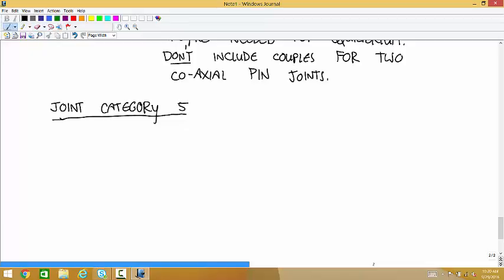Okay, joint category 5. Introduces up to 5 variables.